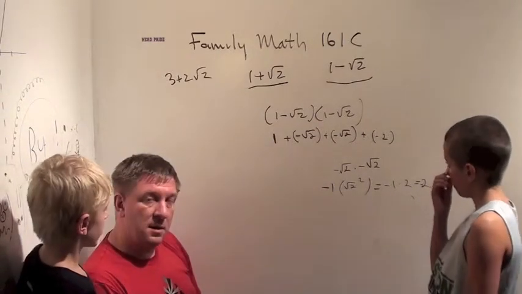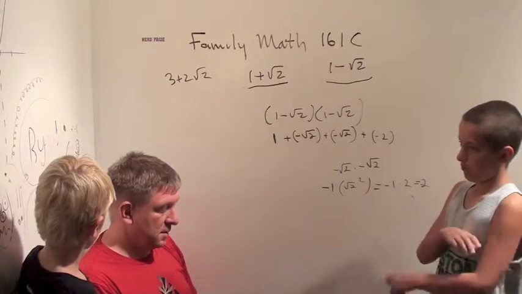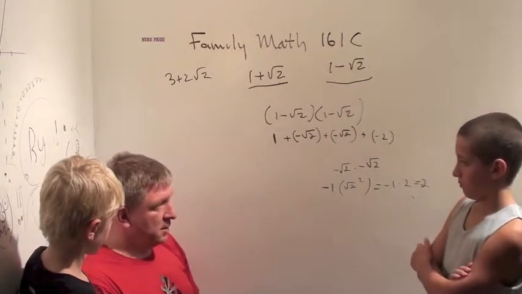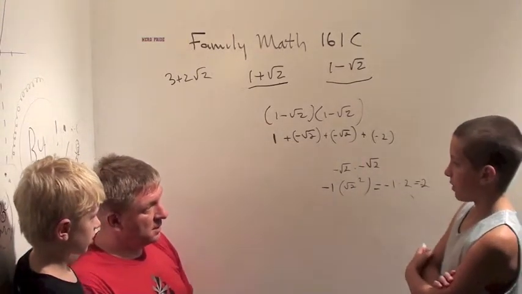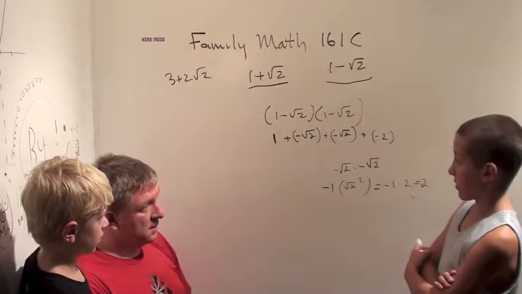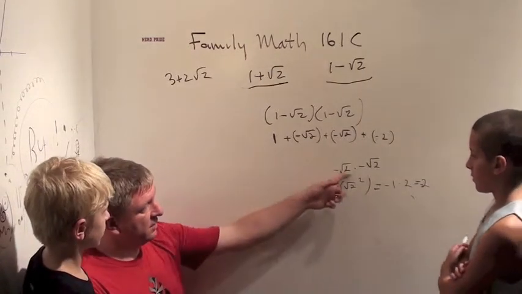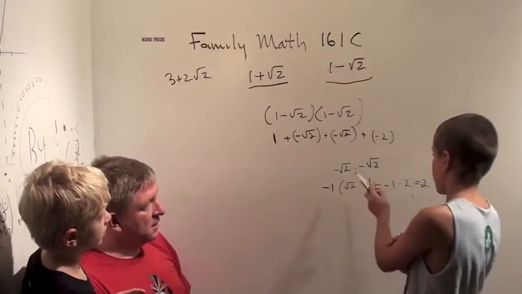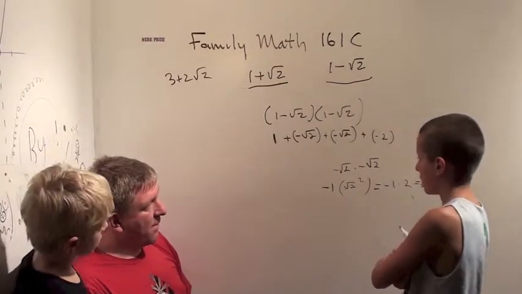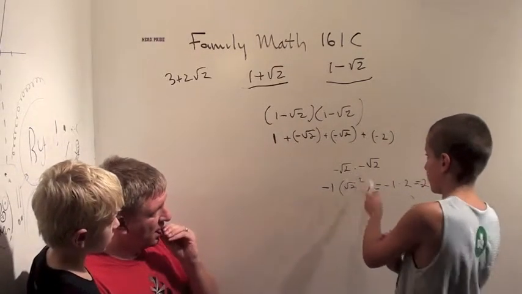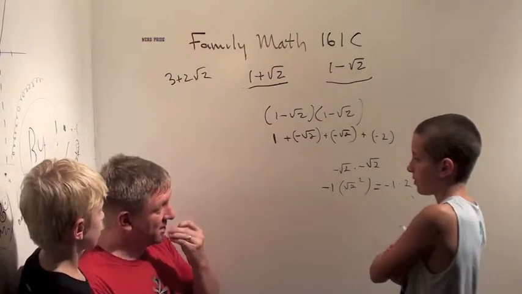Well, we haven't really talked about multiplying minus numbers. A minus times a minus is a positive. Oh yeah? What do you have here? A minus times a minus is a negative, but this is irrational. Oh, interesting.